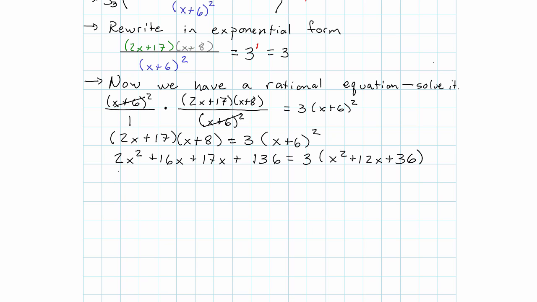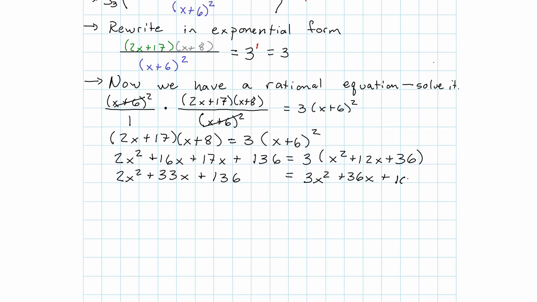So now I'm going to combine like terms on the left. 2x squared plus 33x plus 136 equals 3x squared plus 36x plus 3 times 36, which is another job for a calculator.